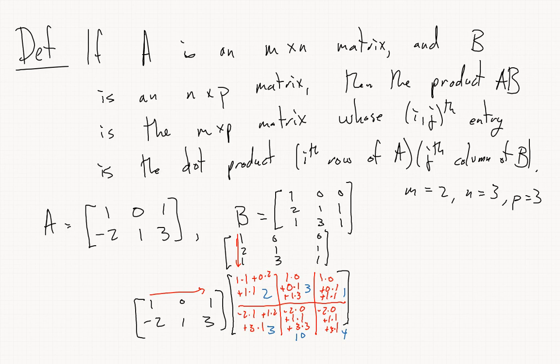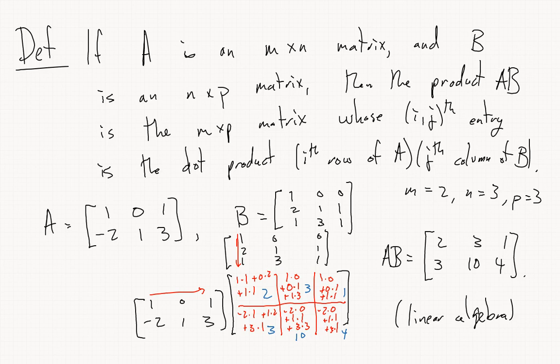So the matrix AB will be 2, 3, 1, 3, 10, 4. The motivation for this formula we'll learn in a linear algebra course, but we can just take it as a useful shorthand for writing out these long multiplications. Okay, so now the chain rule.